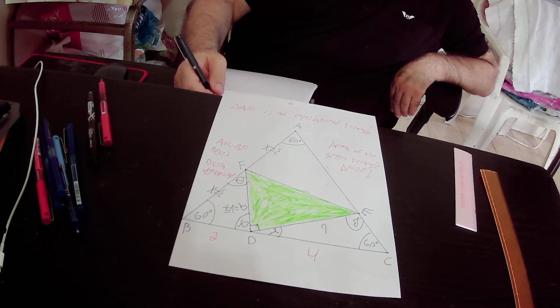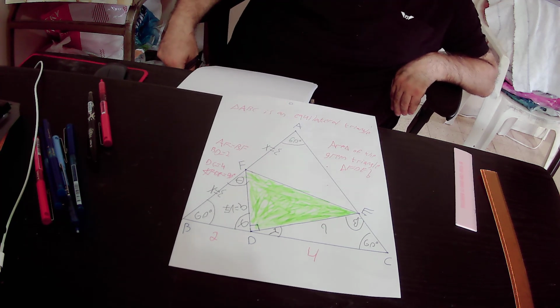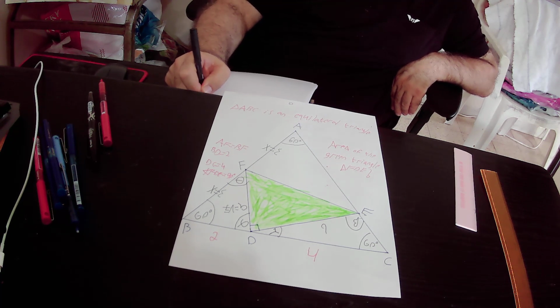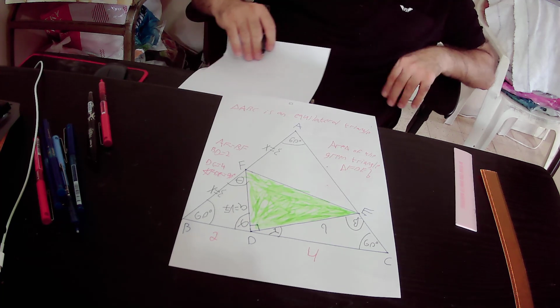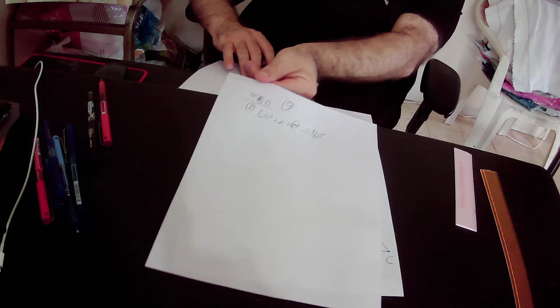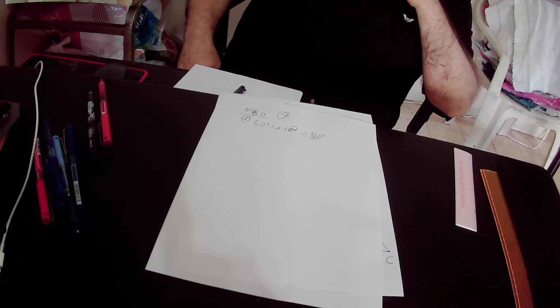So 60 degrees plus alpha plus theta equals 180 degrees. Okay, so we got our first equation, that the sum of the angles in triangle FBD equals 180 degrees.